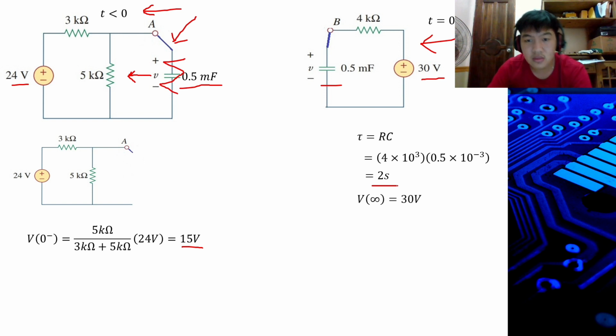And V infinity is equal to 30 volts, since for DC the capacitor is open.